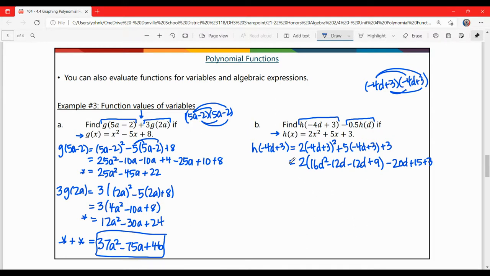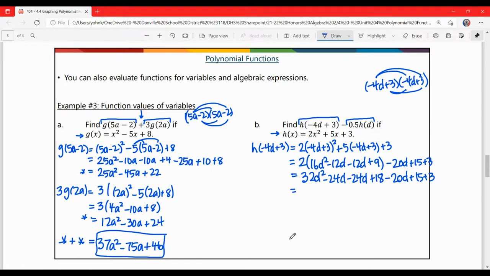All right, now I need to distribute that 2. So I'm going to do 2 times 16d squared is 32d squared. 2 times negative 12d is negative 24d. 2 times negative 12d is negative 24d. 2 times 9 is 18. Minus 20d plus 15 plus 3.